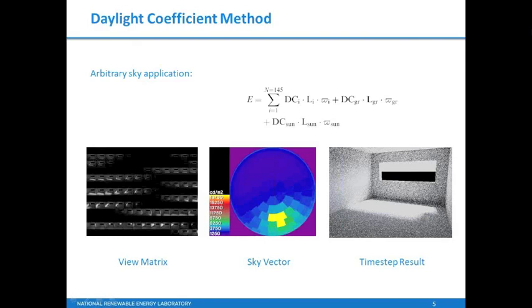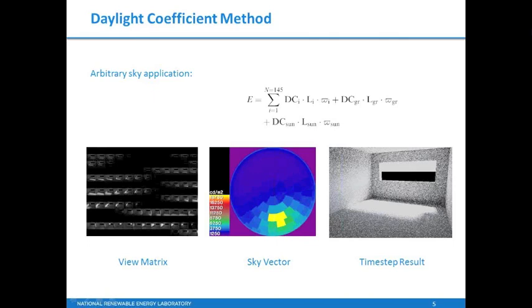And we solve, well, what is the contribution for a number of different sections or patches of the sky? Solving that takes about as long as a typical Radiance simulation for a single point in time, but once we have those coefficients, we can, on the fly, generate a sky that's representative of any particular day, time of year, sky condition, sample that sky, and multiply the actual sky radiance for all those patches against the daylight coefficients and come up with a result.